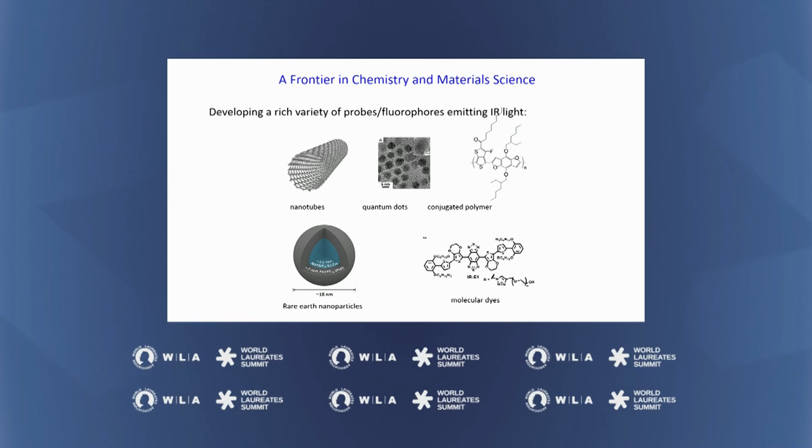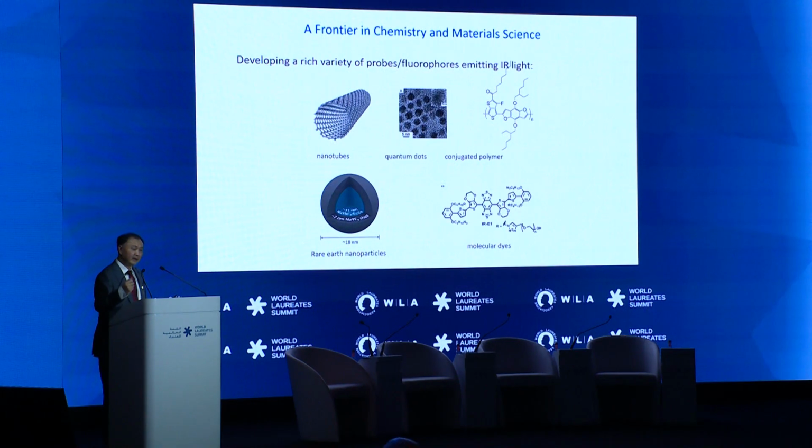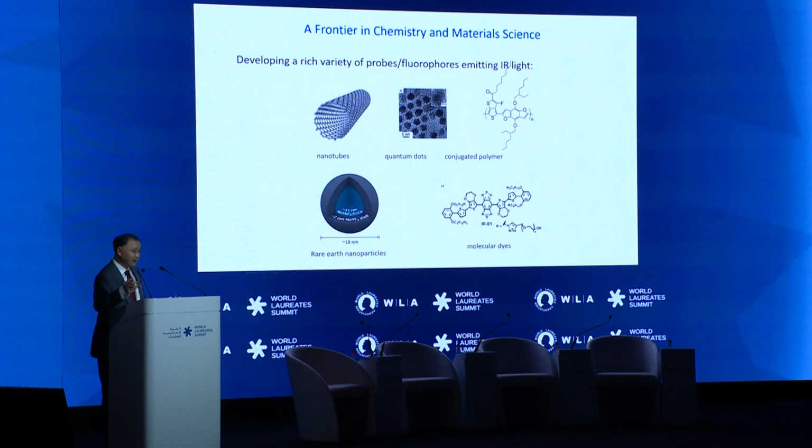A frontier in this area has been combining chemistry and nanoscience to make fluorophores that emit in the infrared. There are many classes of emitters, like carbon nanotubes, quantum dots, and molecules. There are many people working in this field trying to get emitters in the infrared.